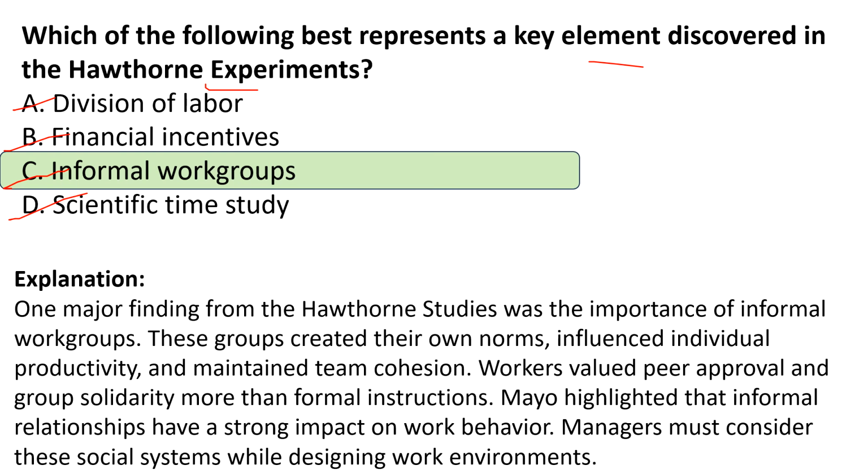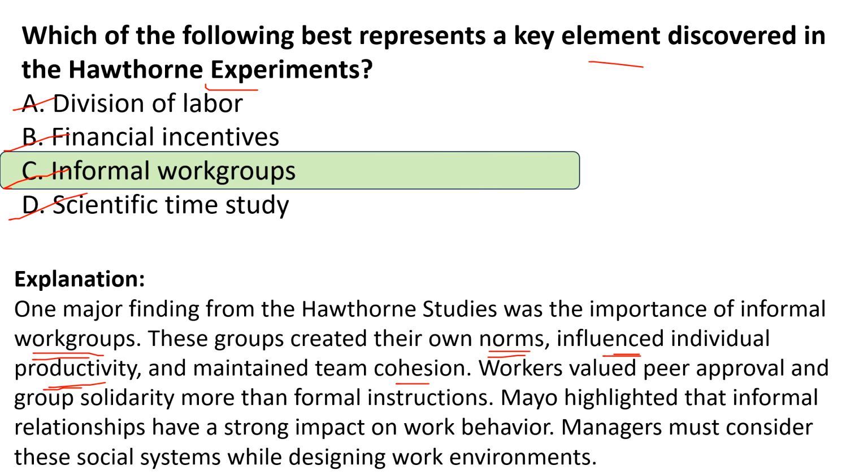One major finding from the Hawthorne studies was the importance of informal work groups. Who are those informal work groups? Your peers, your group solidarities. These groups created their own norms, influenced individual productivity, and maintained team cohesion.